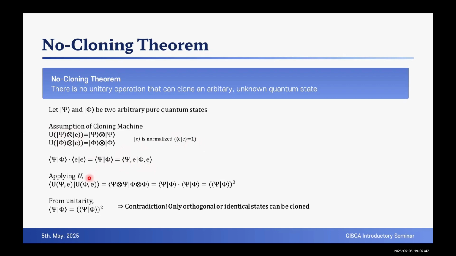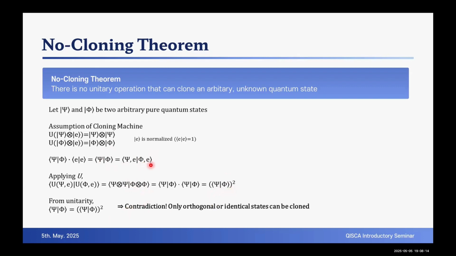If we apply the unitary operator here, then the bra side has to change like this, so we get |ψ⟩⊗|ψ⟩ here. The same thing happens to the ket side, so we get |φ⟩⊗|φ⟩ here. And this eventually goes to ⟨ψ|φ⟩ squared.